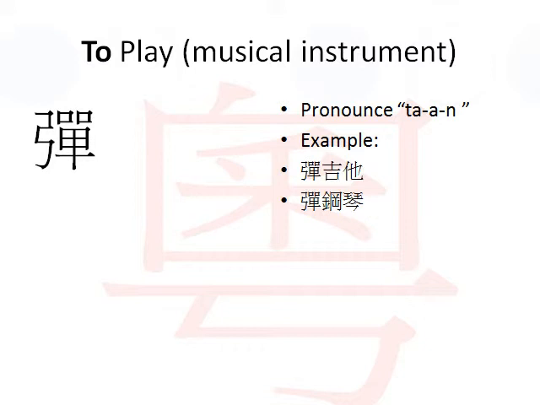Okay, last one for this course on Cantonese verbs. There are a lot more, but I think we should end with this, because after this you will have learned most of the verbs in Cantonese. The other ones you probably need to learn based on the situations. To play musical instruments, we would use this verb, which is called tan.